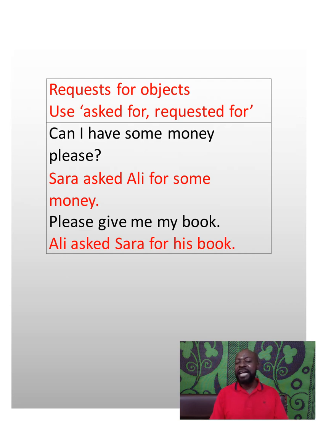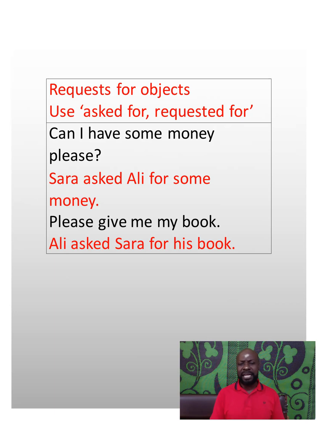When you use asked, add the word politely. Ali politely asked Sarah for his book. Compare. Ali politely asked Sarah to give him his book. I'm using both to and for.